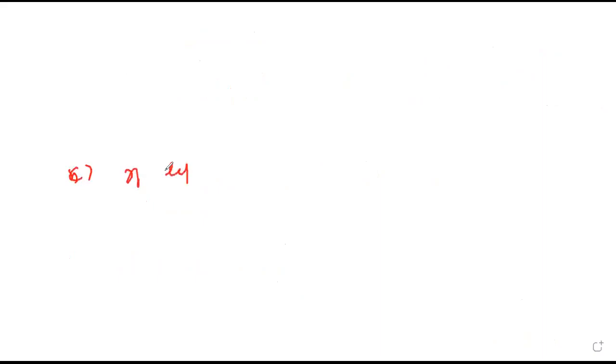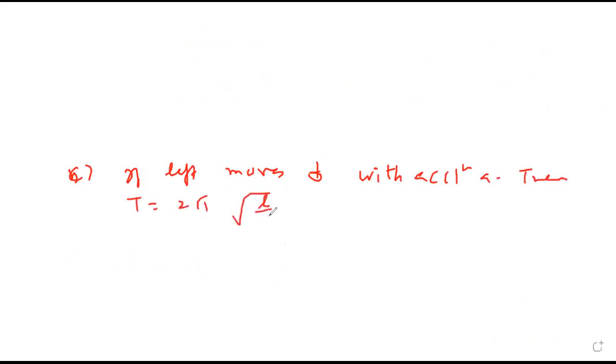If lift moves downward with acceleration a, then T is 2 pi root of L by g minus a. And this is 24th, no? Is it 24th point? Is it 25th?